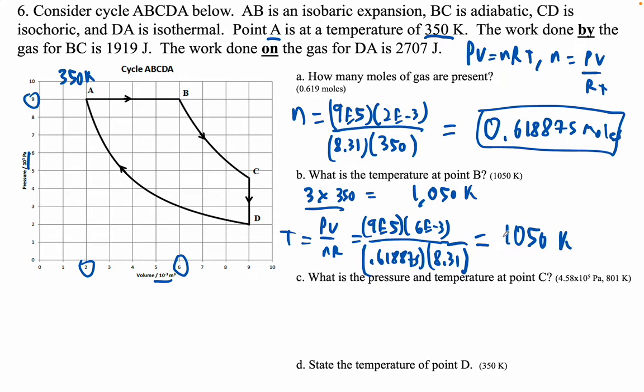Let's see, what is the pressure and temperature at point C? Okay, we got to know what this is. Point C. BC is adiabatic. Okay, so we want to find the pressure and temperature at point C. The pressure.